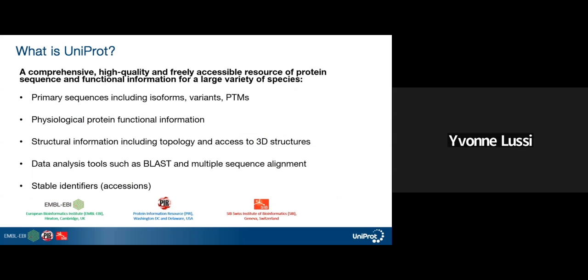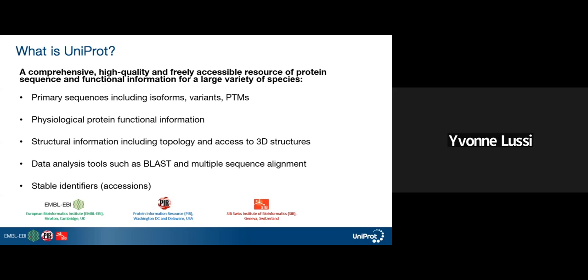Some of you may already be familiar with UniProt, but I will give a short overview of what UniProt is. UniProt is a comprehensive, high-quality and freely accessible resource of protein sequence and functional information for a large variety of species.